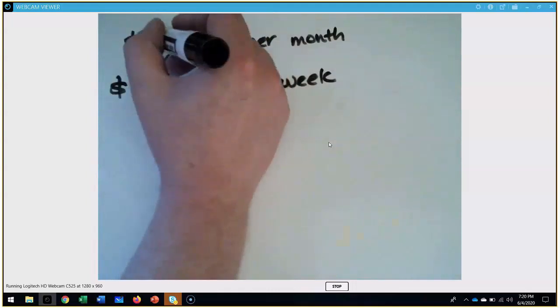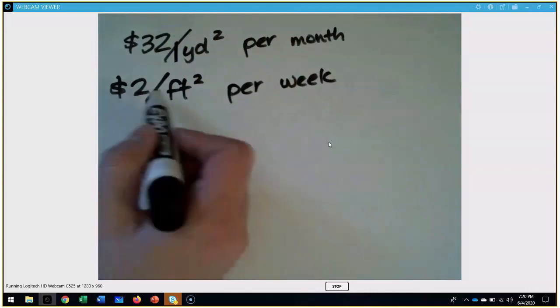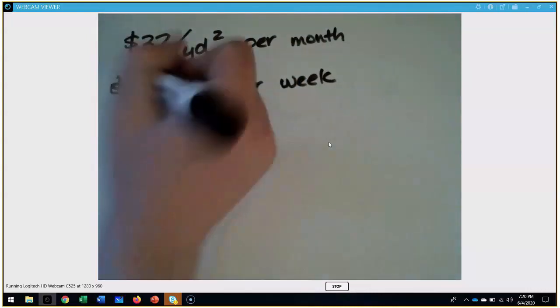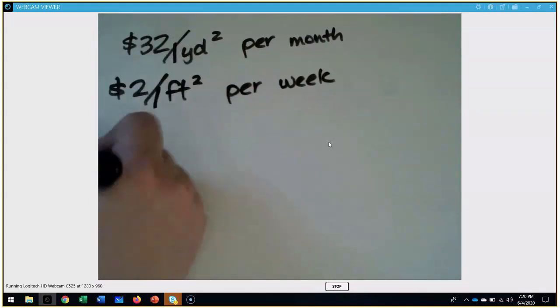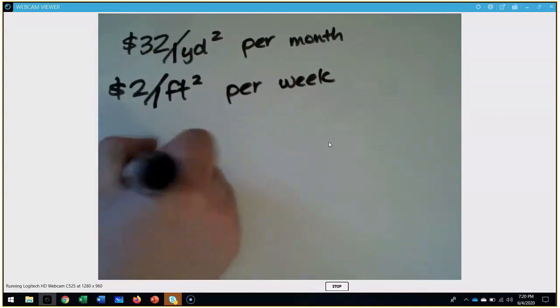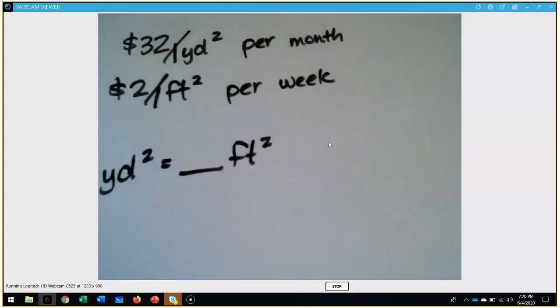This is $32 per 1 square yard, and this is $2 per 1 square foot. We need these to be the same. We're not going to do them both, but we're going to pick one.